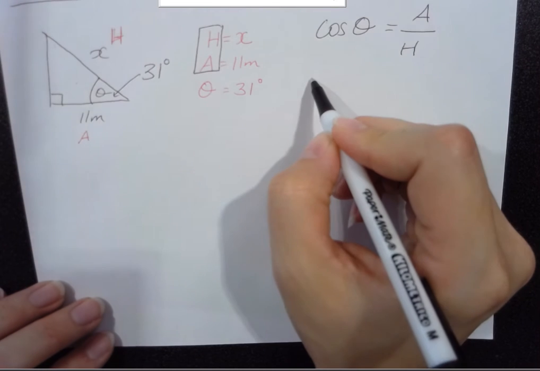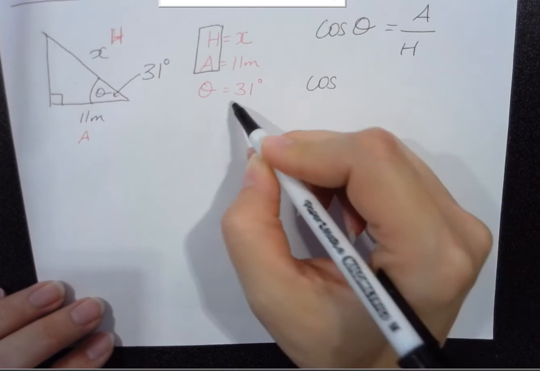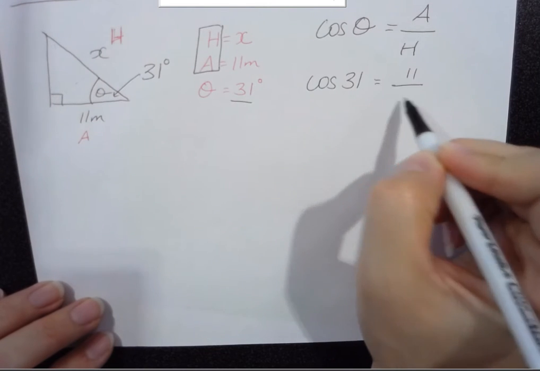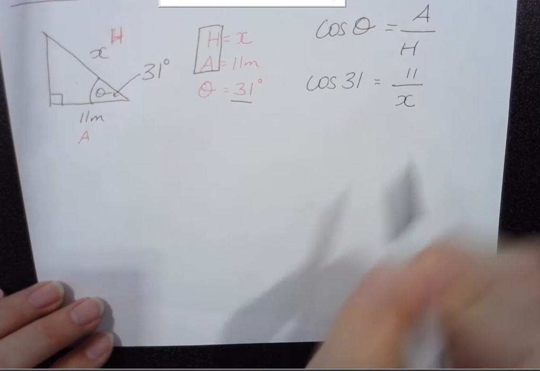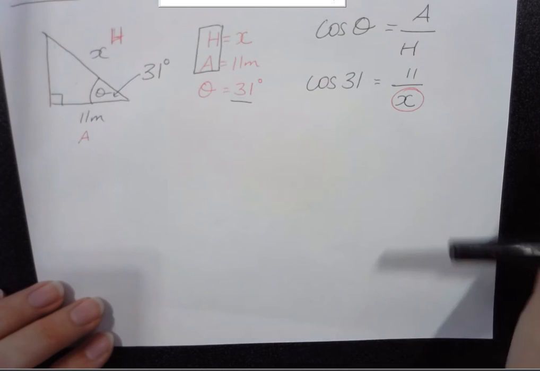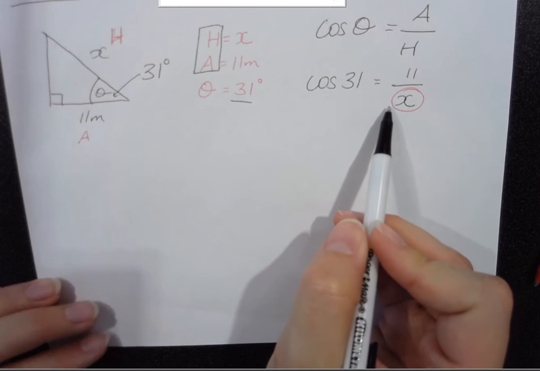And we can substitute values in. So cos of 31 is equal to 11 on x. Now this is what I said before. Now the x is sitting on the bottom of the fraction. So that's going to make things a bit different. So we have to think about how we're going to do that.